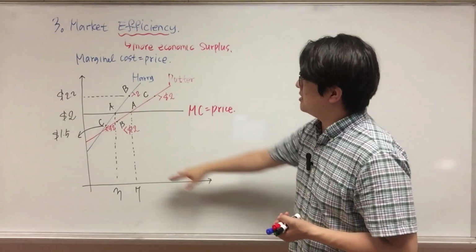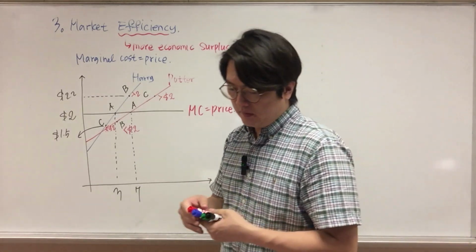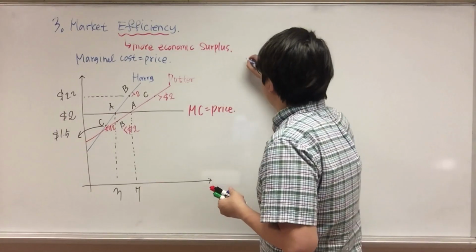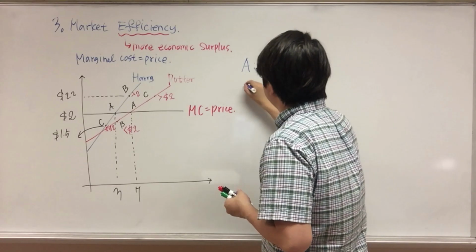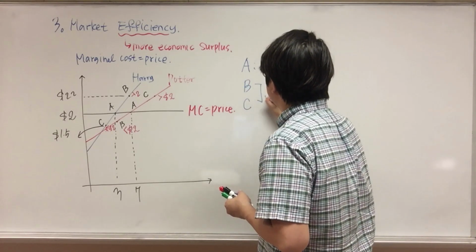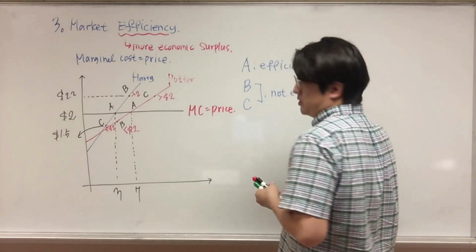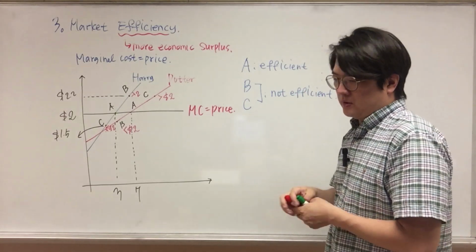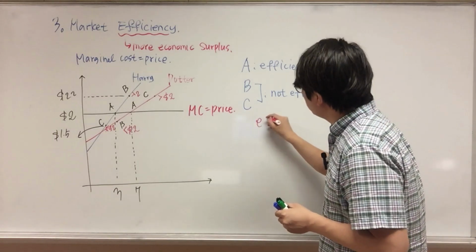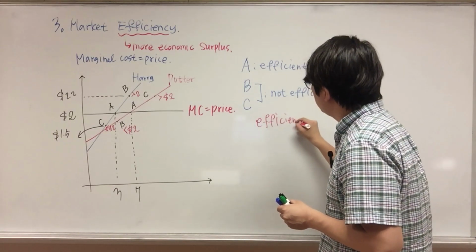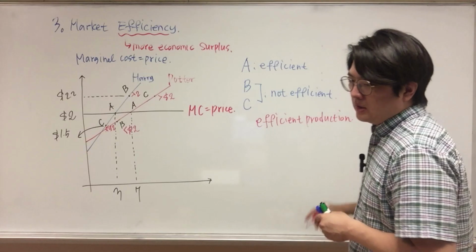In this case, in the market, they are efficient points. So A is efficient, but B and C are not efficient. So we can realize that efficient production minimizes the cost.